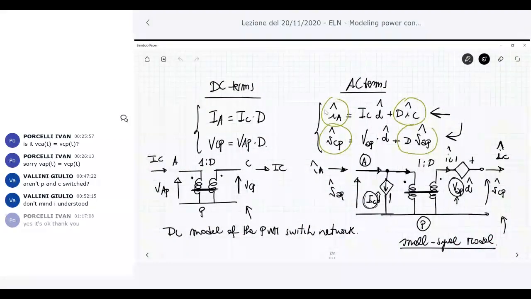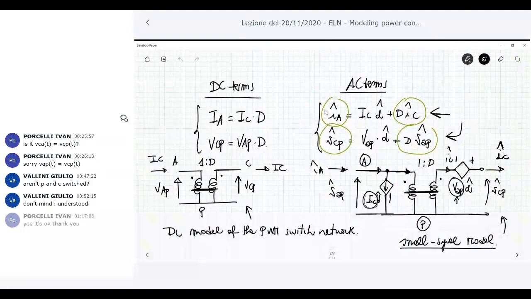Now, as you can see, the analysis is more circuital with respect to the state space averaging techniques. It's not only circuital, but is focused on the switch network. Once we derive the switch network model, then we can apply the same model for all the power converters.